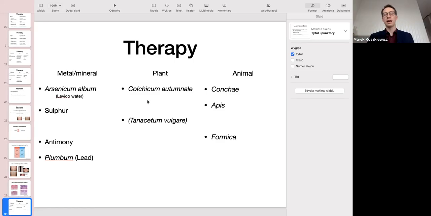And from the plant point of view, there is the very nice Colchicum, which is usually used in different autoimmune diseases, for example, thyroid gland or Hashimoto disease. And something which I found very interesting to investigate, Tanacetum vulgare, a very common plant in Poland.